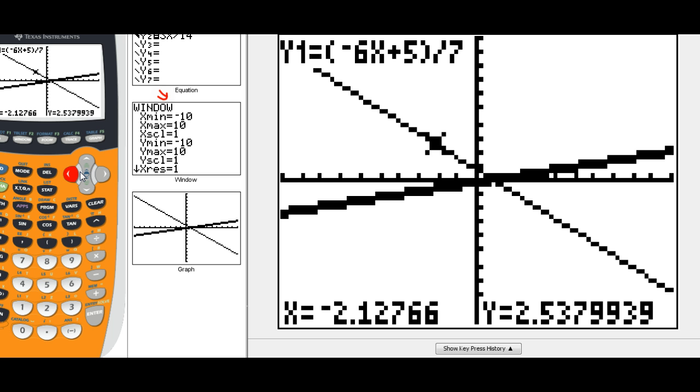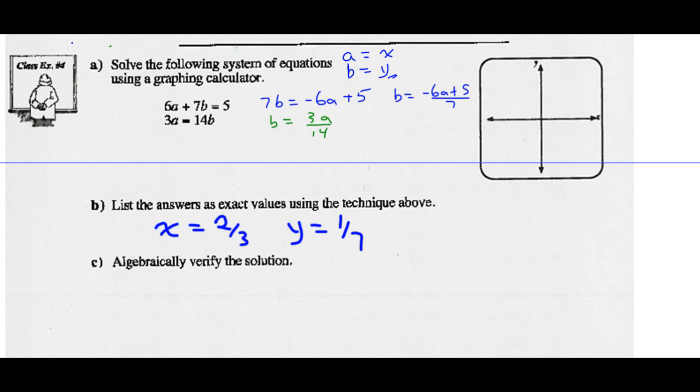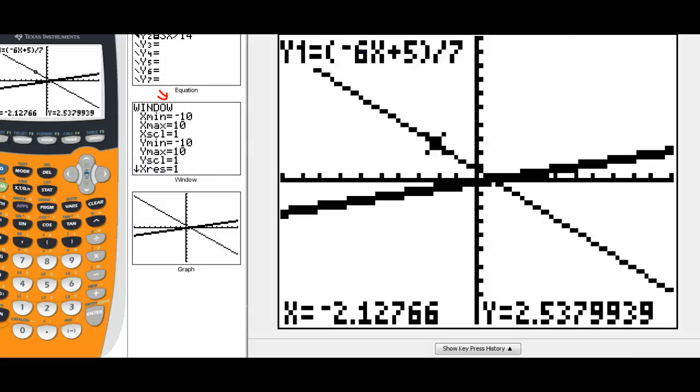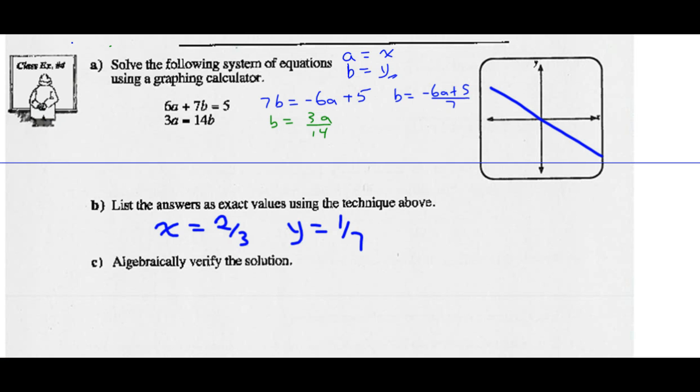So I want to draw that line in my notes. Okay, so let's draw Y1. It looks like it's going something like this. Not quite. It should be a bit above the, something like that. So that's that equation, 6a plus 7b equals 5.